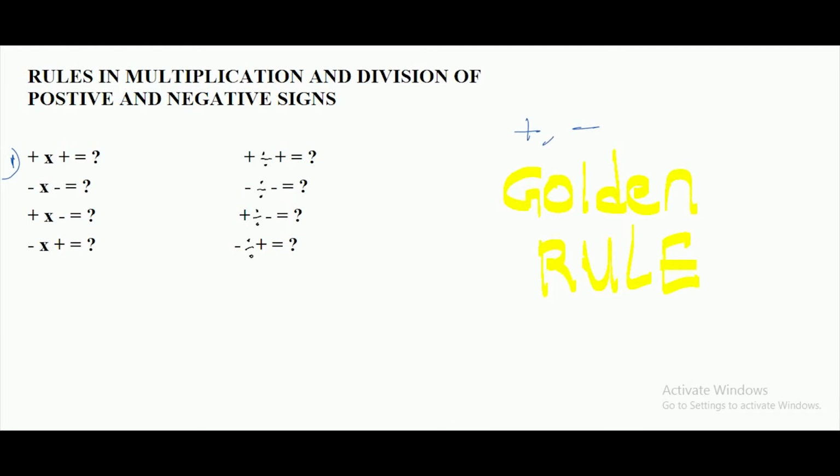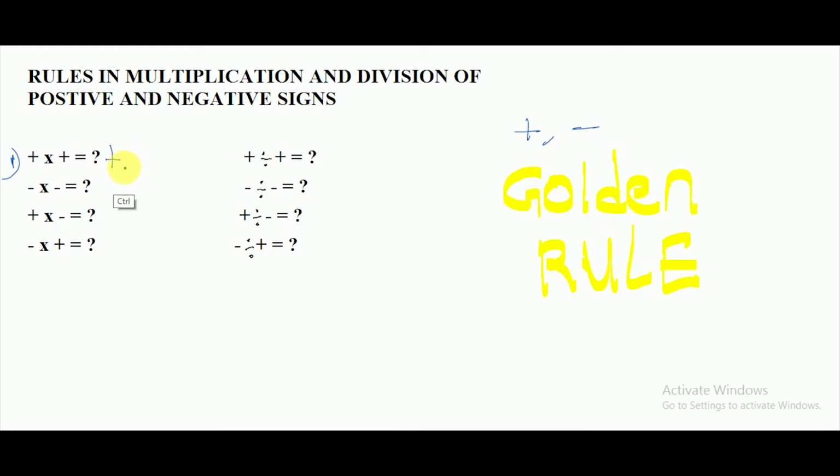Remember the golden rule says that if you have two identical signs multiplying themselves or dividing themselves, it will give you a positive sign. Now this first part says plus times plus. We have two signs multiplying themselves, which will surely give us a positive sign. See, our answer will be positive.